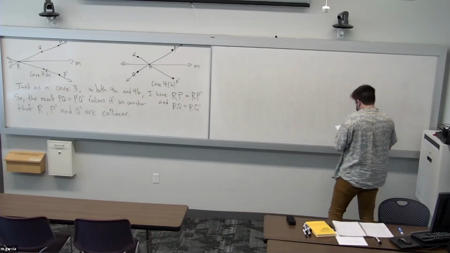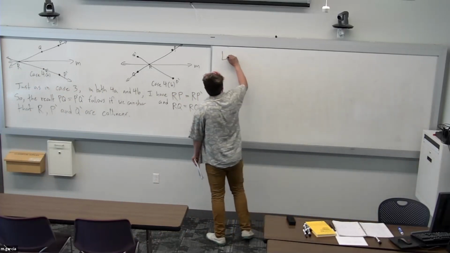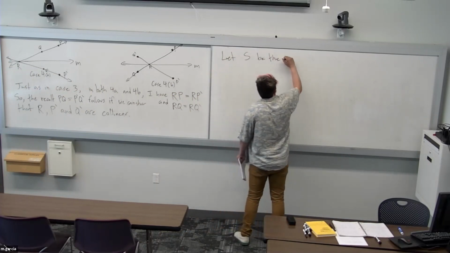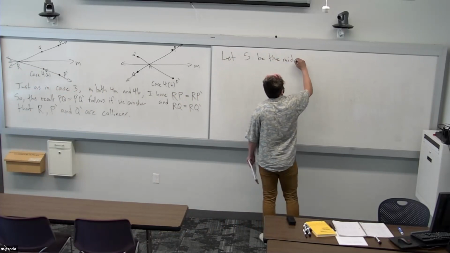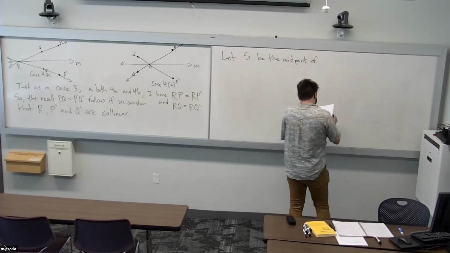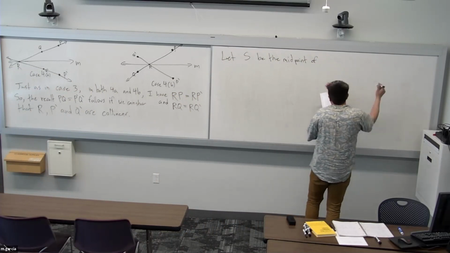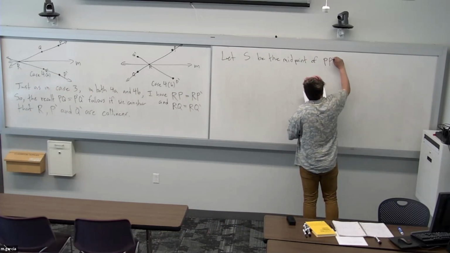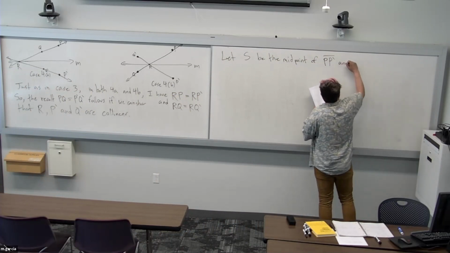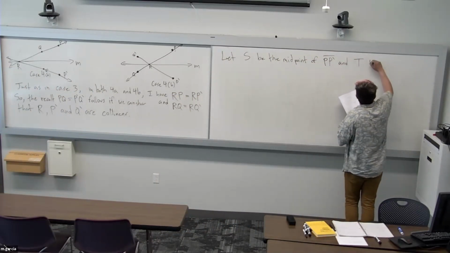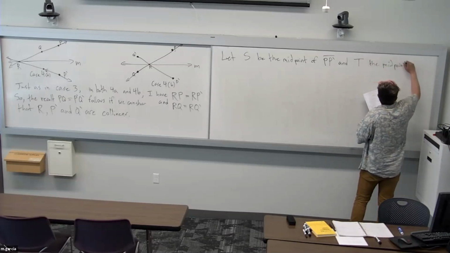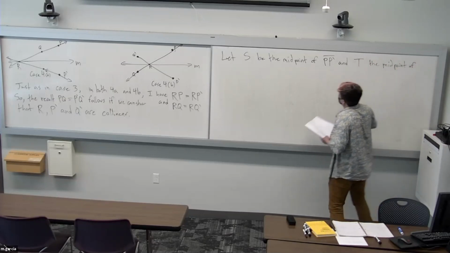So, let S be the midpoint of the line segment PP prime, and T the midpoint of QQ prime.